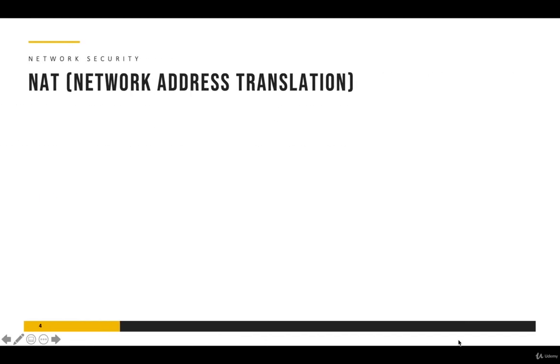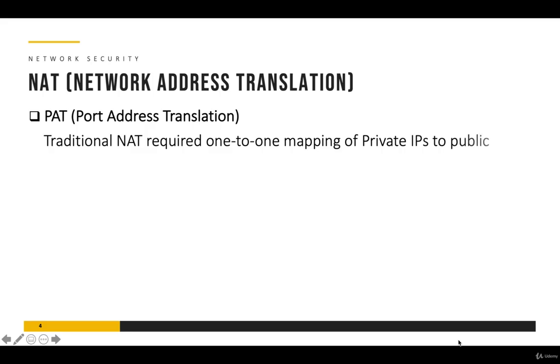A related concept with NAT is that of a PAT, or port address translation. Traditionally, what happened was that NAT had a pool of public IP addresses, and every time it received a packet from an internal IP, it replaced that with the public IP. So basically, you needed one-to-one mapping. So as many public IP addresses as internal IP addresses. But that defeated the purpose. You see, you'll still require thousands of public IP addresses.